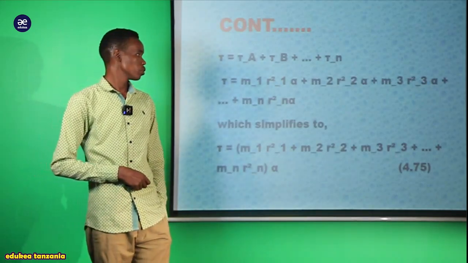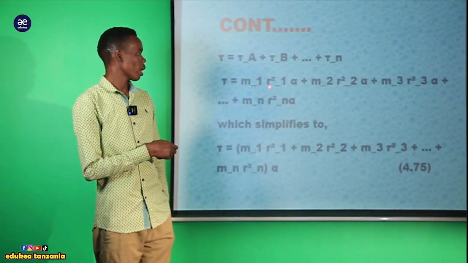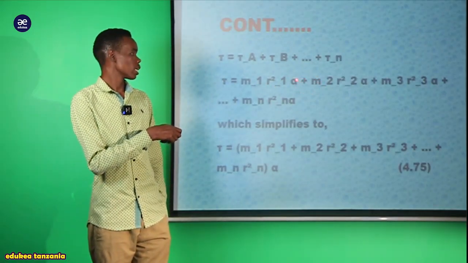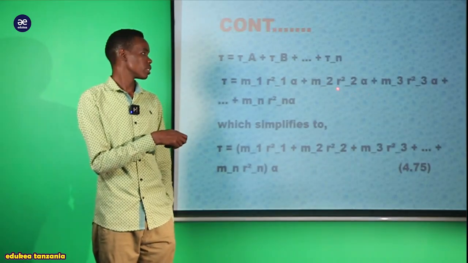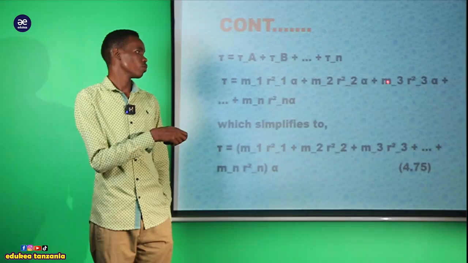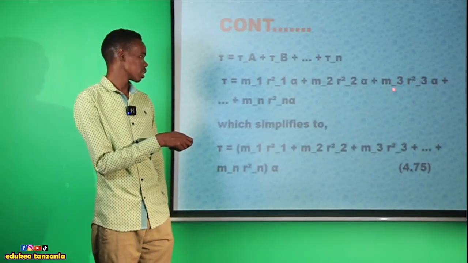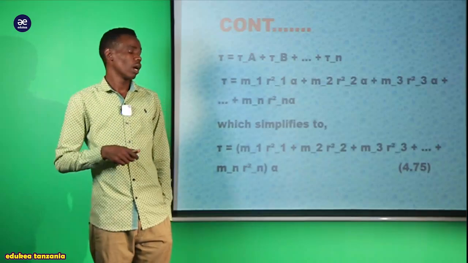If we substitute, we could say that the torque must equal m1 r1 squared times the angular acceleration, added to m2 r2 squared times the angular acceleration, then added to m3, if we have 3 particles, or if we have many particles allocated in the body.